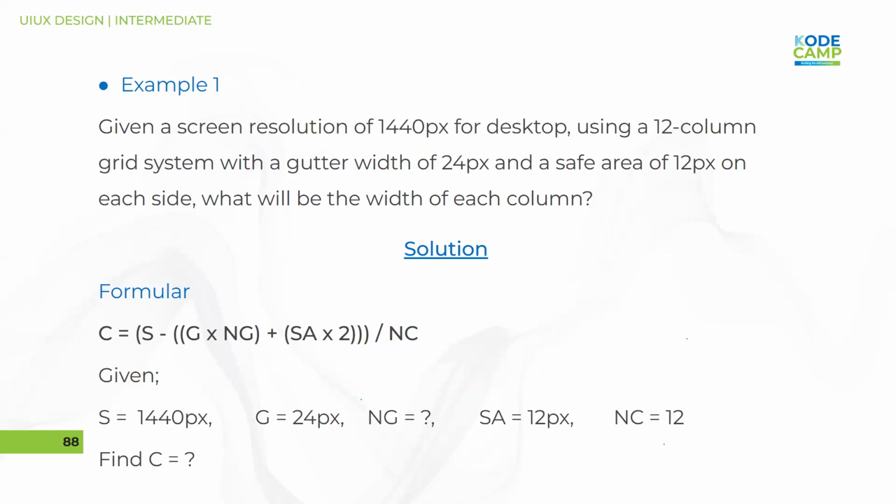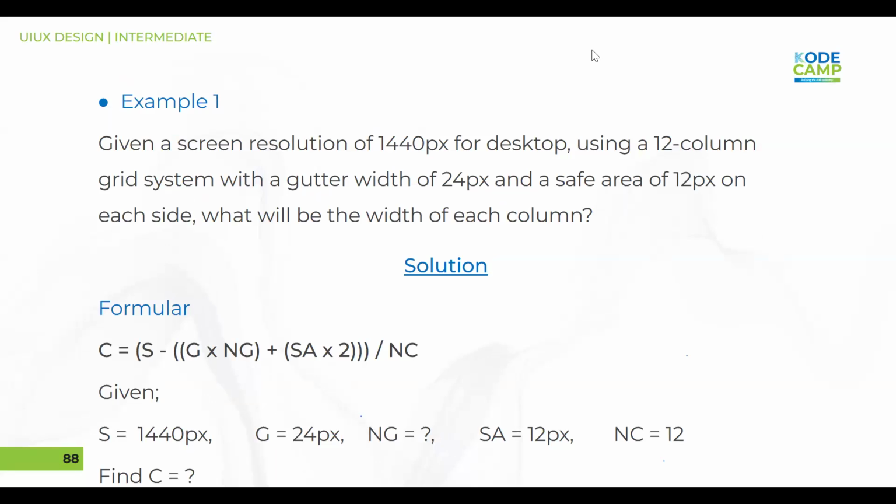So our S has been given. What is our S, please? You can unmute and talk. Let me see if you are following. What is S? Anybody? Well, yes, it's 1440, but what do we call it?